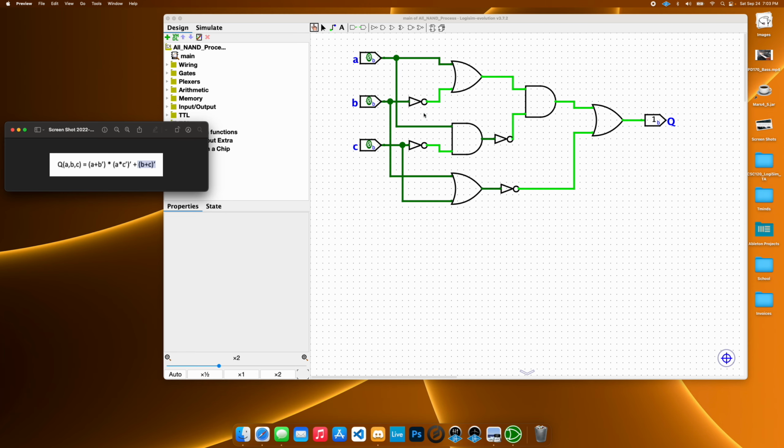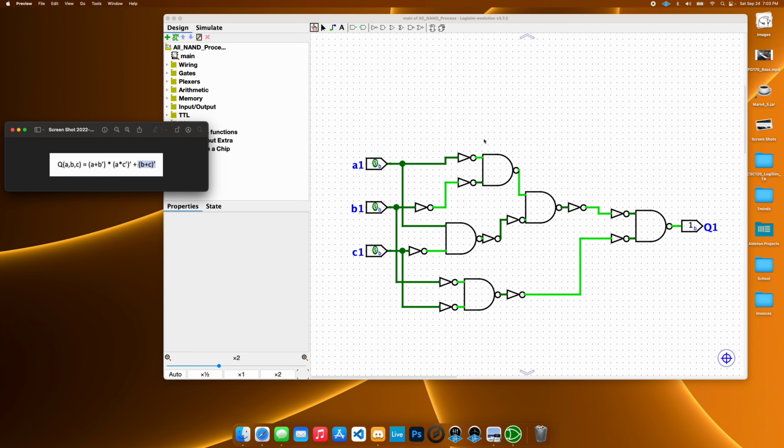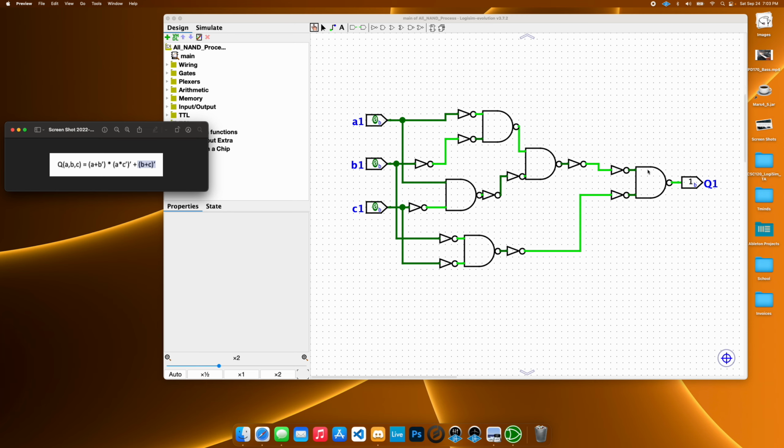From here, what we want to do is take all these OR gates and AND gates and put them into their equivalent NAND gates. So this is what we have here. As you can see, this is the OR equivalent.